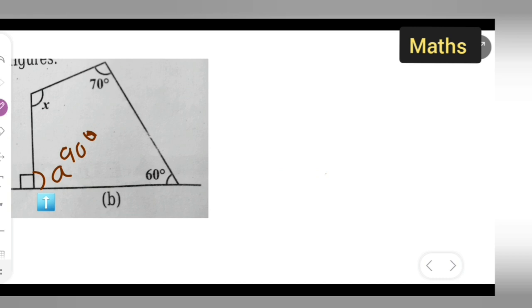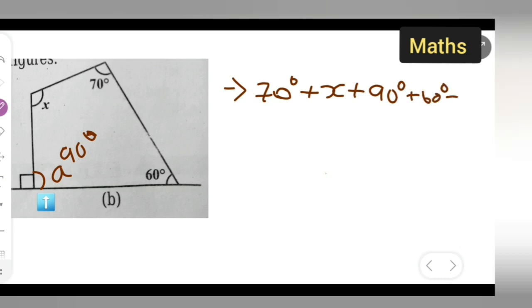So let me directly write down, start from here. Add all this: 70 degree plus x plus 90 degree plus 60 degree is equal to 360 degree. Now we need to add all this and see what answer we are going to get. 70 plus 90 will give you 160. 160 plus 60 is going to give you 220, right?